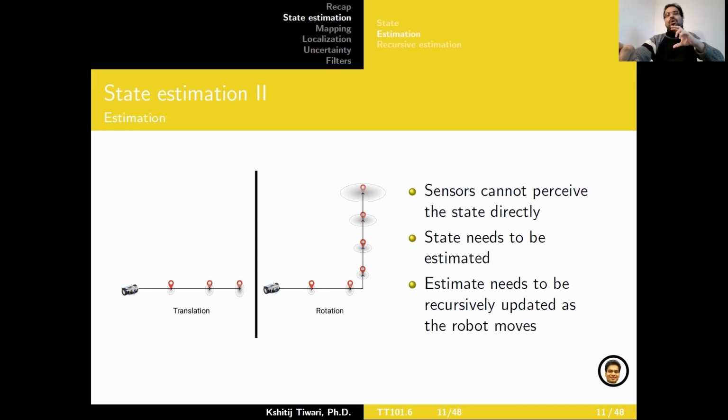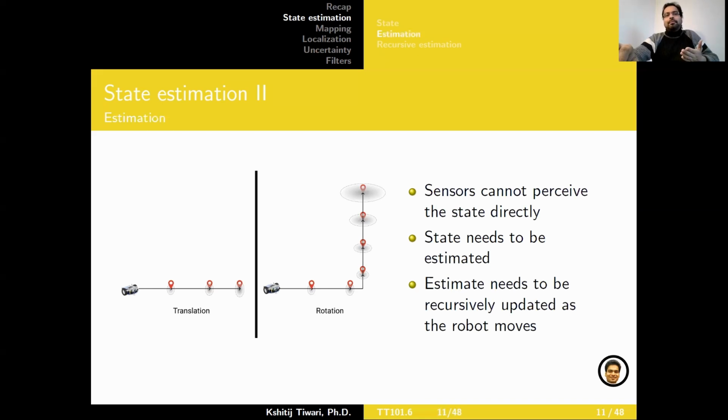And then because you know the wheel radius and you assume that the wheel is not slipping, you're then able to map it to some velocities, right? Same way for a car, the speedometer doesn't directly measure speed. It's basically from the amount of spins that the wheel has taken, you then map it to velocity, right? So the sensors don't directly perceive the state. And that's why, based on whatever raw information your sensor is able to give you, you're trying to estimate what the state is at a particular time instance.